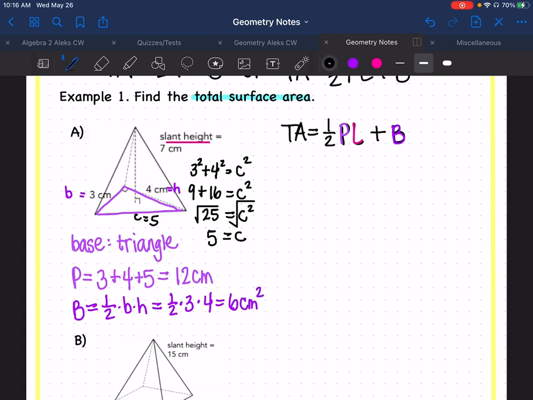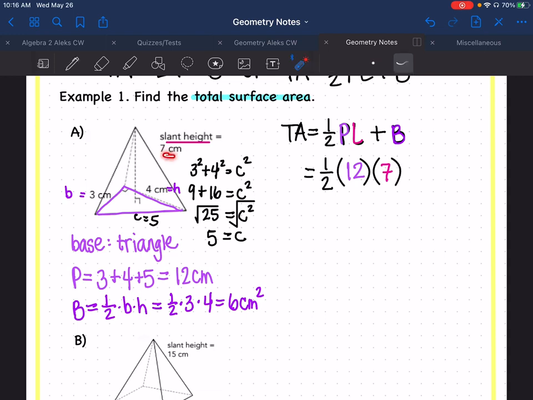Now I have everything I need to go ahead and plug into my formula. For the perimeter, I'm going to plug in 12. For the slant height, I'm going to plug in 7 because that's what it said over there.